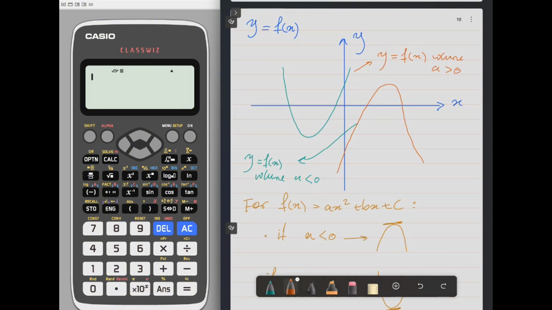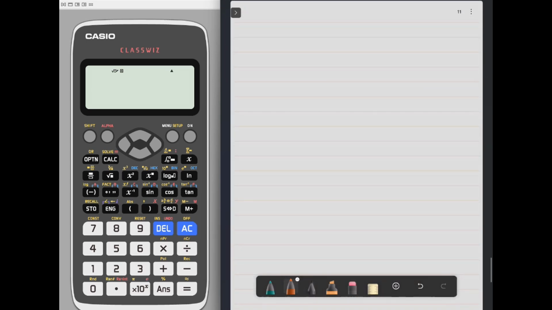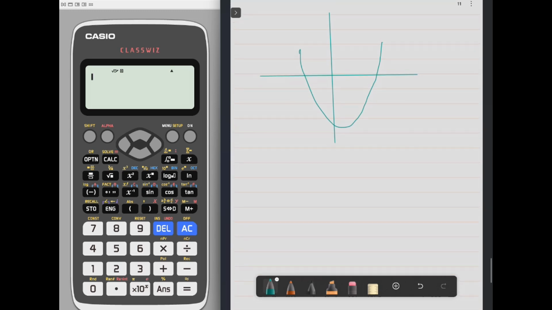So let me just clarify it. If you have this shape, then this is the minimum, or rather say turning point.